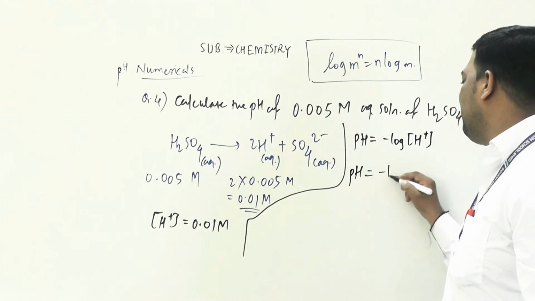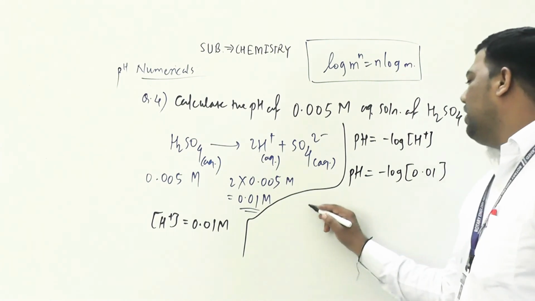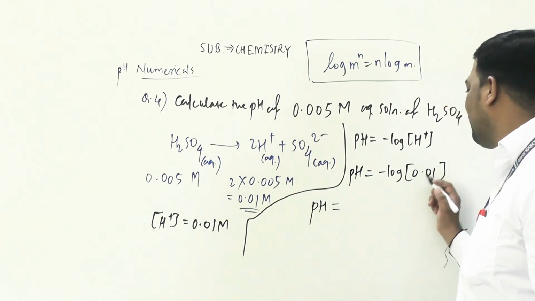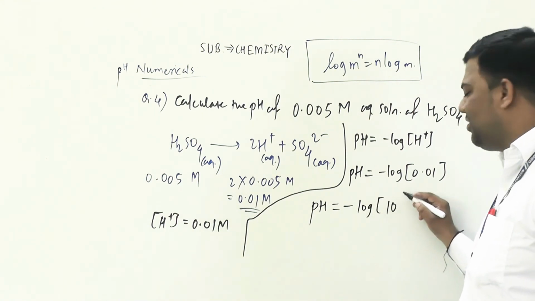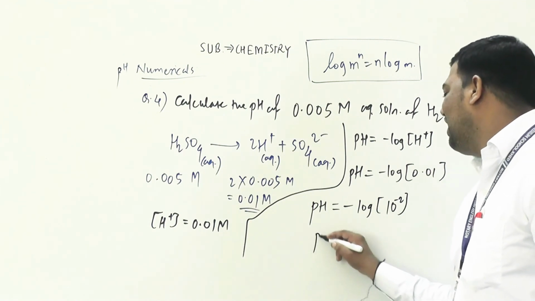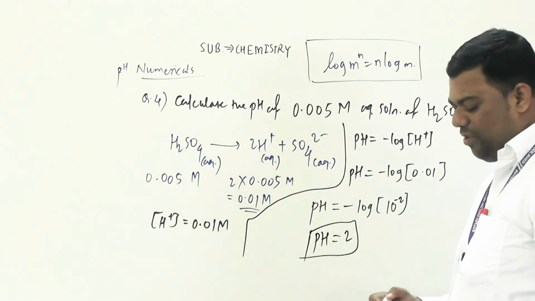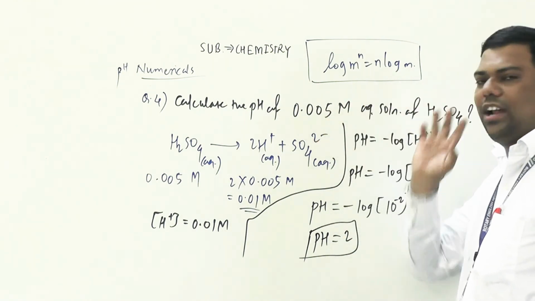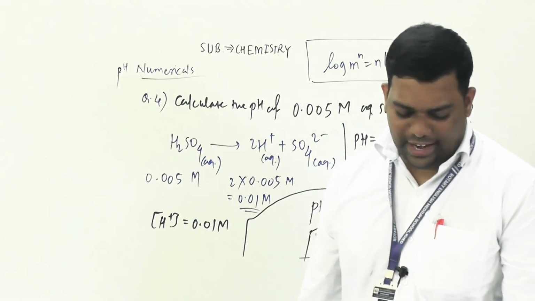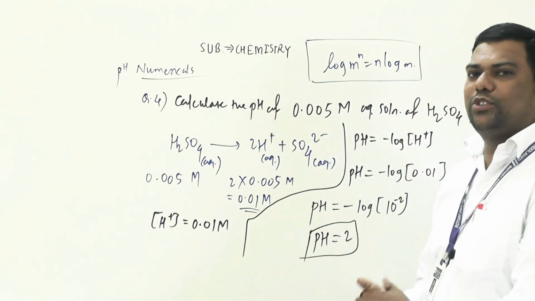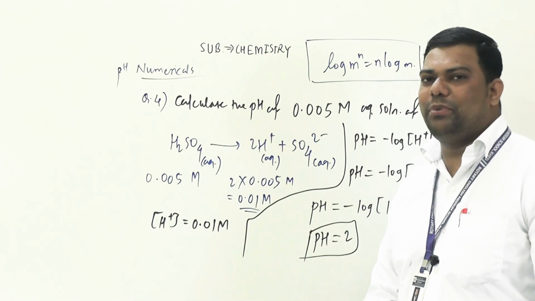The negative logarithm of 0.01, I can write in this fashion, 10 raised to minus 2. Then pH is obviously equal to 2. So the pH of 0.005 molar aqueous solution of H2SO4 is 2. Understood? So like that you have to solve numericals of pH and pOH type.